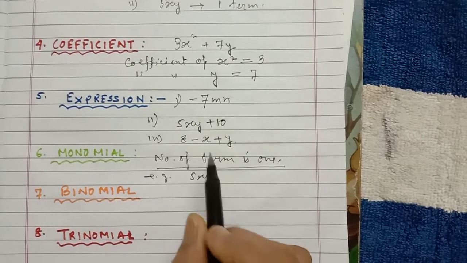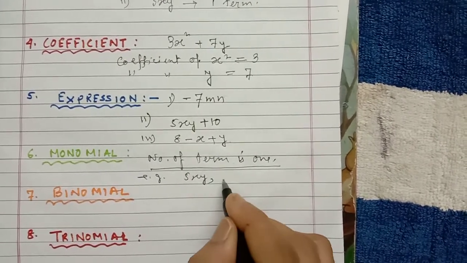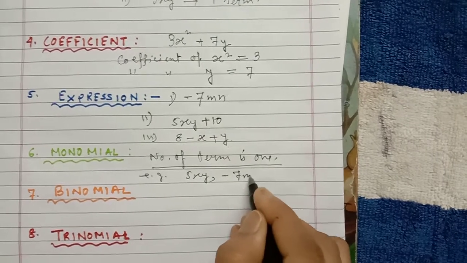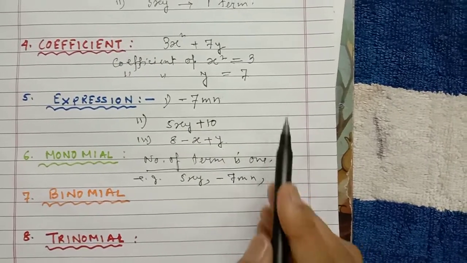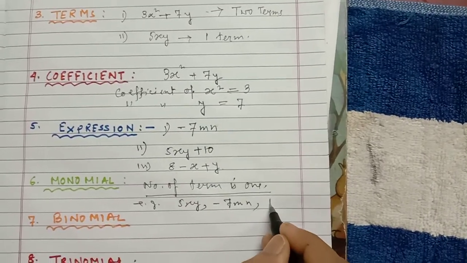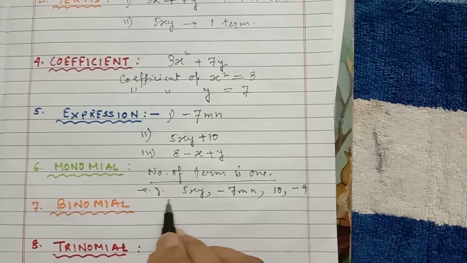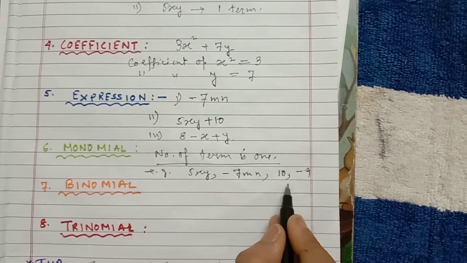I have given another monomial, minus 7mn. So these are also monomials. A constant term, if I take it single only, say 10 or minus 9, these are also examples of monomial.